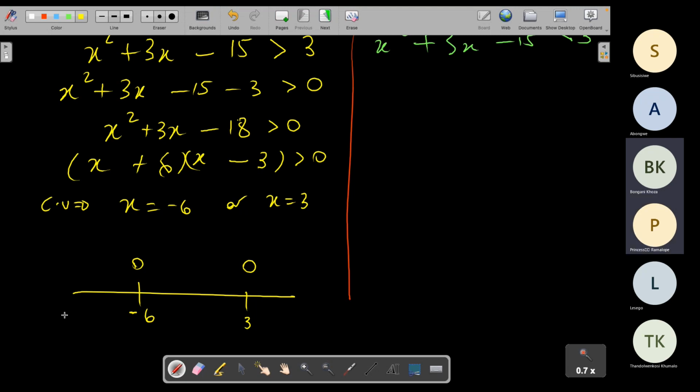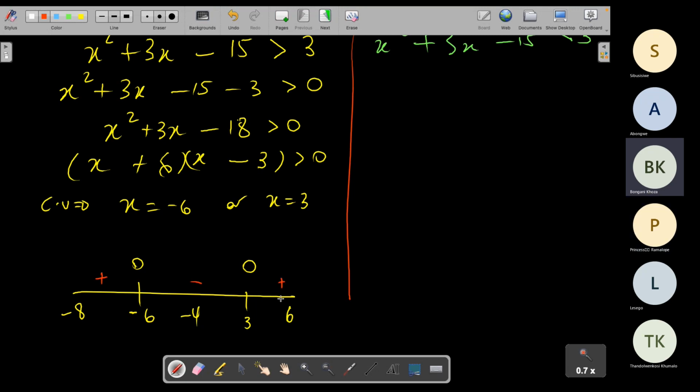I took -4. And here, what did you take? 6. What sign did you get here? Positive, and here negative.